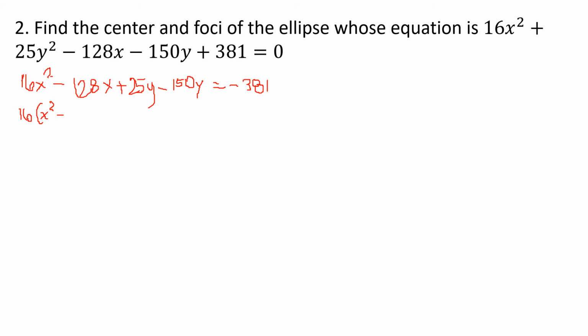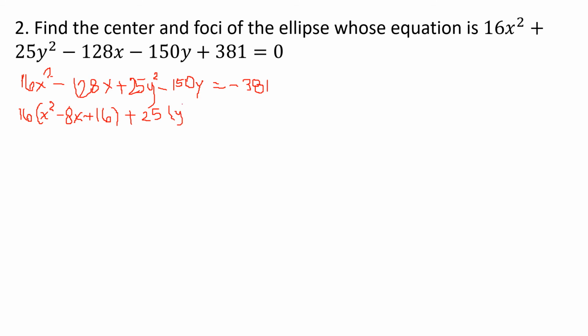128x divided by 16, the answer is 8x. So 8x divided by 2 is 4. So 4 squared is positive 16, or negative 4 squared is positive 16. Plus, you factor out 25 from 25y squared and negative 150y.